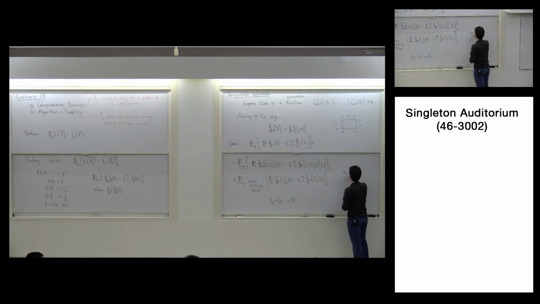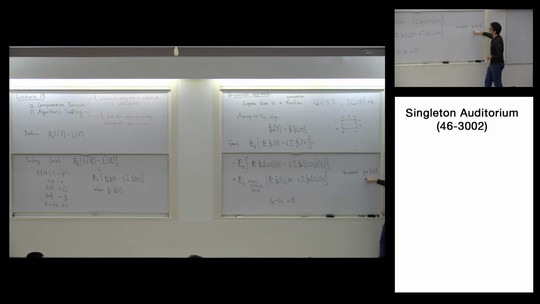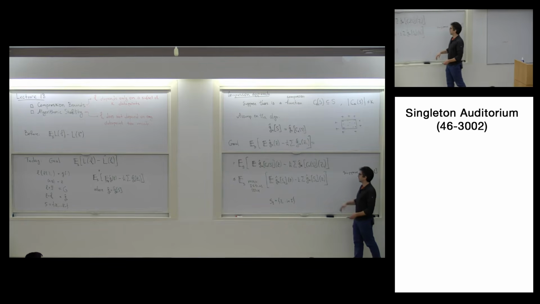Suppose the range of G hat for any subset, let's say K, is between A and B. Just bounded functions, so the loss is bounded. Now, of course, for square loss that's not going to happen unless the F's are bounded and the Y's are bounded. It's kind of a cheap assumption that I'm going to make.